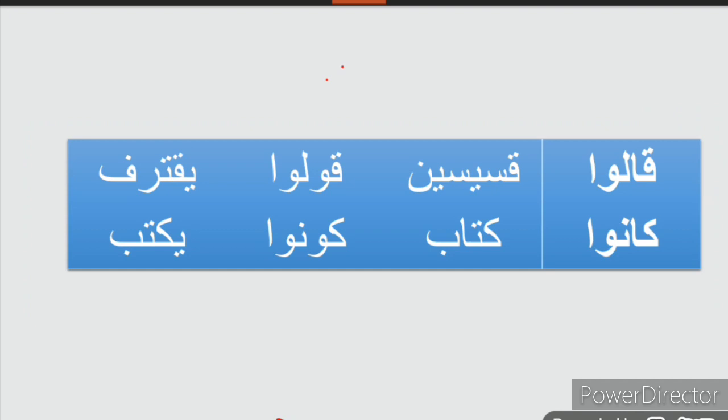Okay, so let's start to read these letters with different harakat: fatha, kasra, dhamma, and sukoon. So, qa, qalu. In the kasra, the qaf kasra is a little bit less in tafkhim than the fatha one.